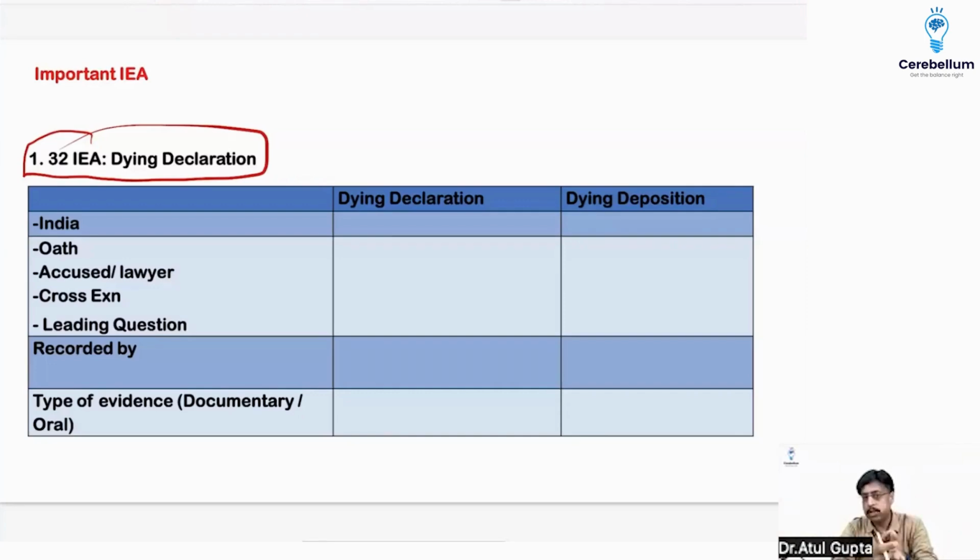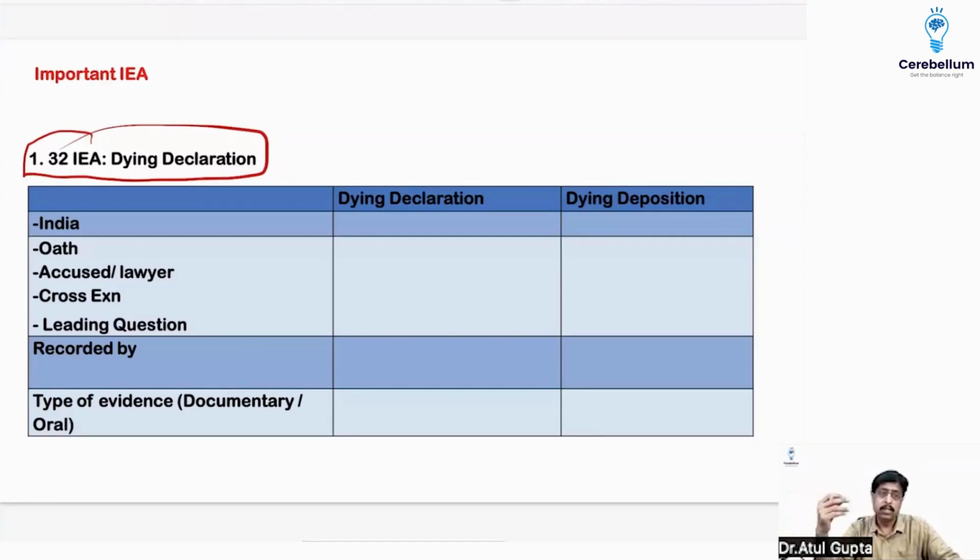Now, what's the difference between dying declaration and dying deposition? See, when a person is dying, it is practically not possible to ask her to take oath, to bring the lawyer, to do the cross-examination, or ask her leading questions. All these things are practically not possible.